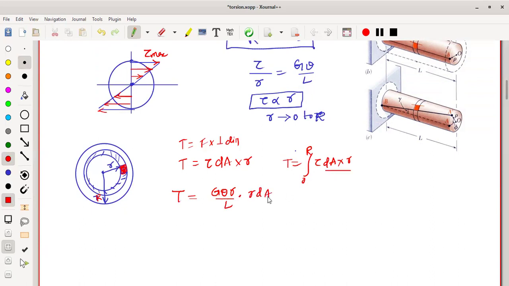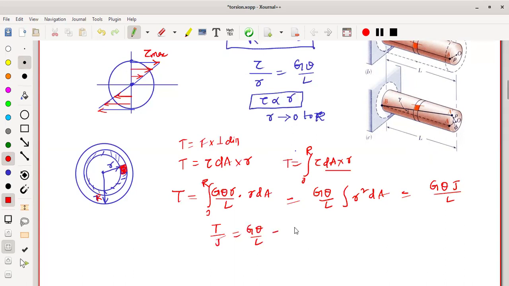Here G theta over L is constant, and the integration of r square into dA you can write as the polar moment of inertia. Therefore G theta J divided by L. So finally we got the equation, that is T by J is equal to G theta over L. Already we have the relation tau by r. So this equation you can consider as the torsion equation, and it is applicable for only circular cross section.